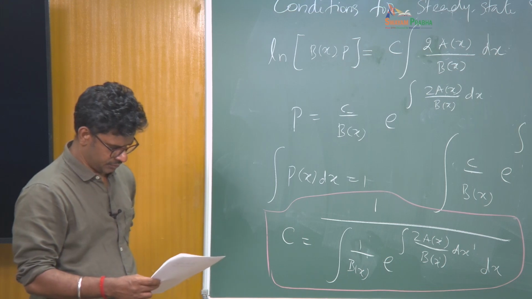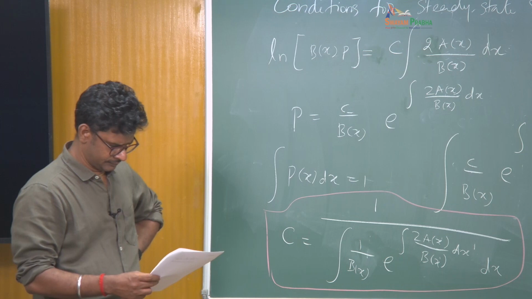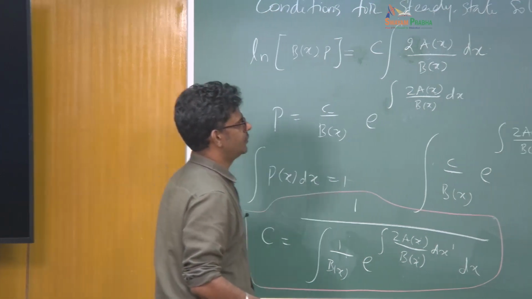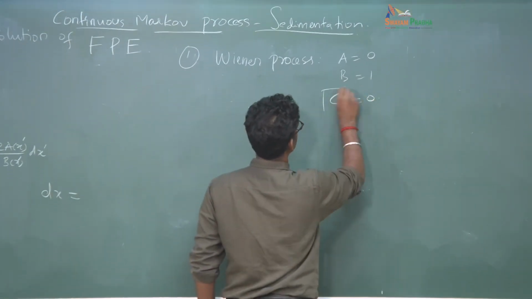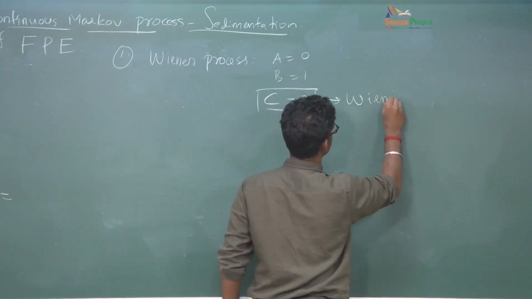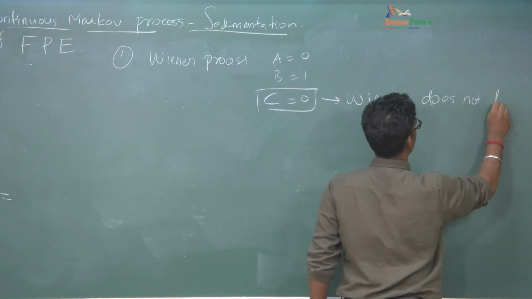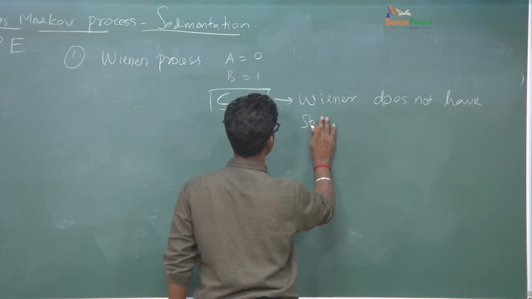A is equal to 0, yes. So this will make C equal to 0. And therefore we say that the Wiener process does not have a steady solution.